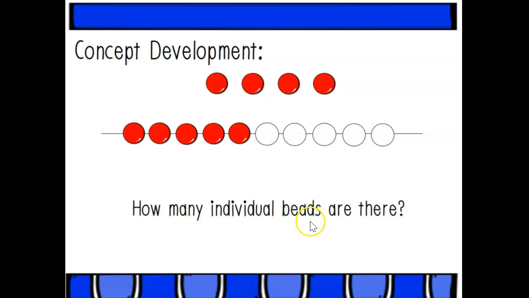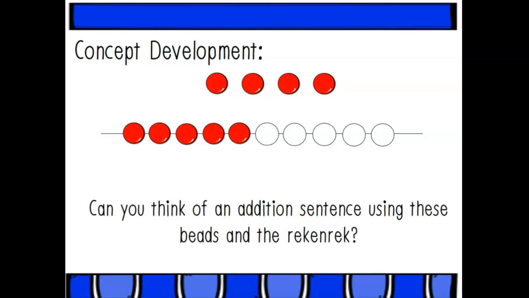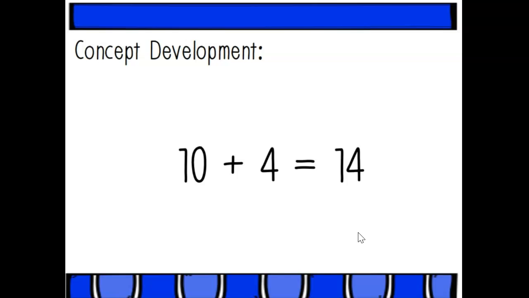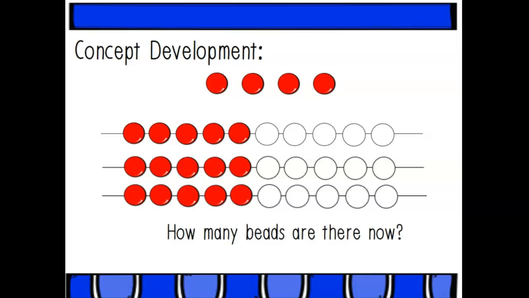How many individual beads are there? Can you think of an addition sentence using these beads or Rekenreks? Did you say 10 plus 4 equals 14? Awesome job! All right, how many beads are there now?